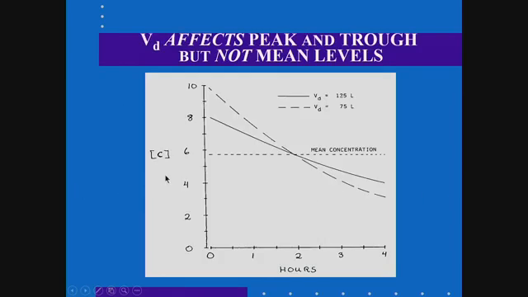And this is shown in this example where the volume of distribution is either large or small, and the same dose is being administered over a dosing interval, and you see the variations in peaks and troughs, but the mean estimated concentration over the dosing interval is the same and corresponds, of course, to that dosing rate and the elimination clearance.